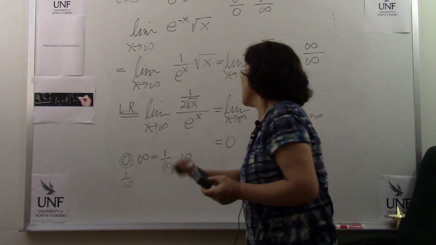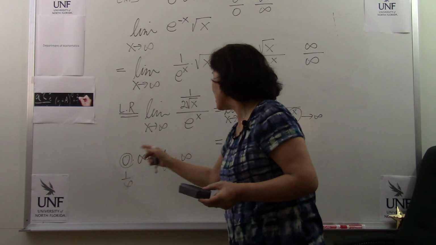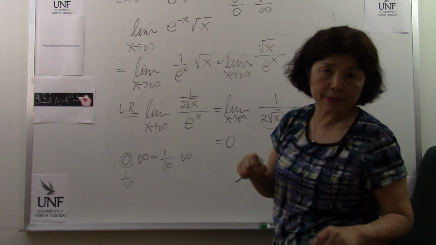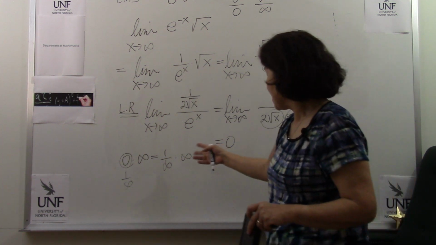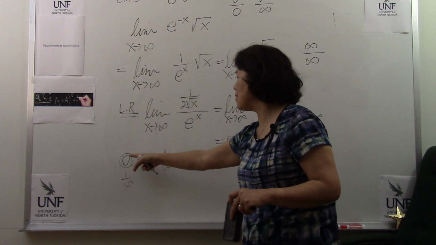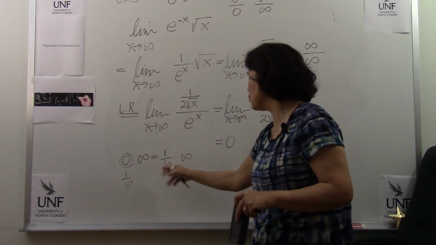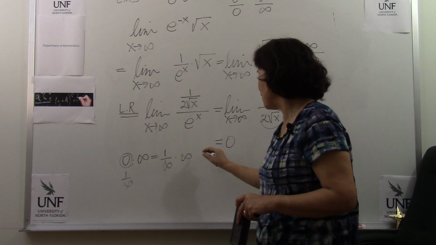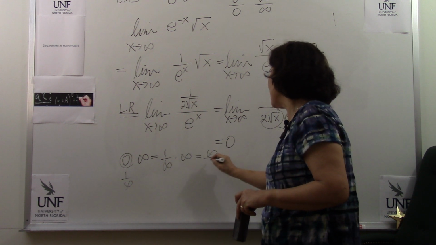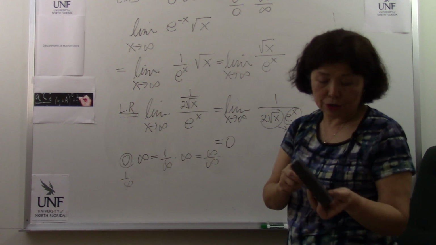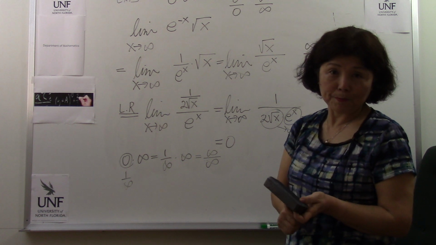You know what I mean? Roughly speaking, 0 and infinity are reciprocals. So when you have something times infinity, you can switch this to 1 over infinity times infinity, which is what? Infinity over infinity, which is the indeterminate form. Okay?